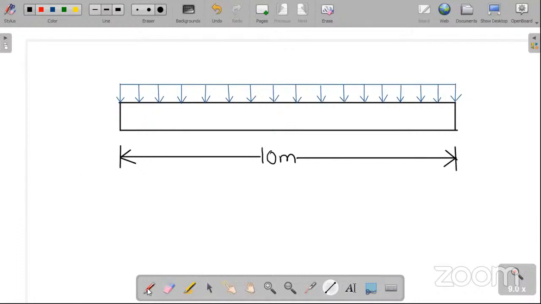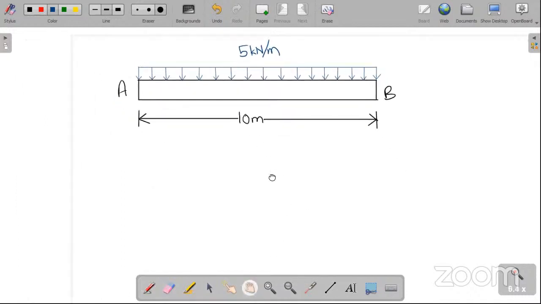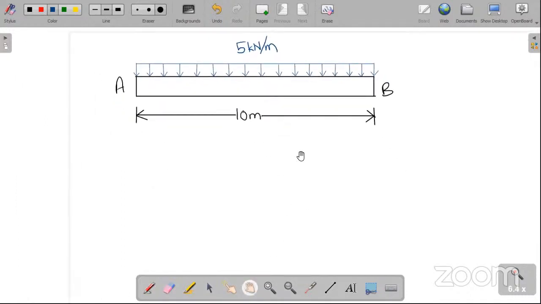And let's say this is A, this is B, and the UDL here is, let's say, 5 kilonewton per meter. So can you analyze this beam? Can you tell me what will be the maximum bending moment and maximum shear force on this beam?